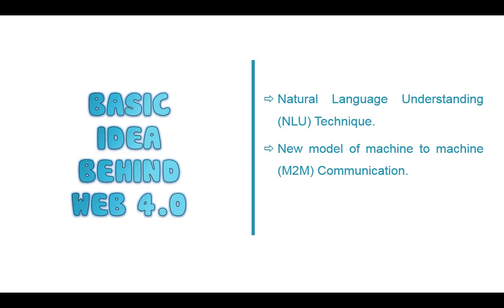And the second basic idea is a new model of machine-to-machine communication. The network will consist of intelligent agents in the cloud, able to communicate among themselves and delegate the response to the right agent. And the last basic idea is a new model of interface.